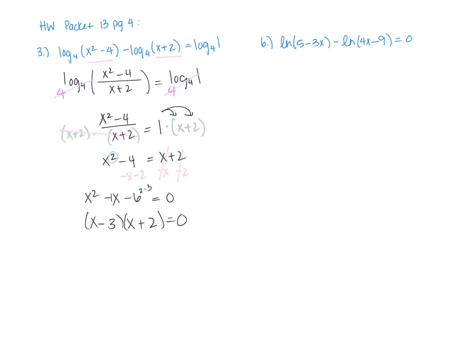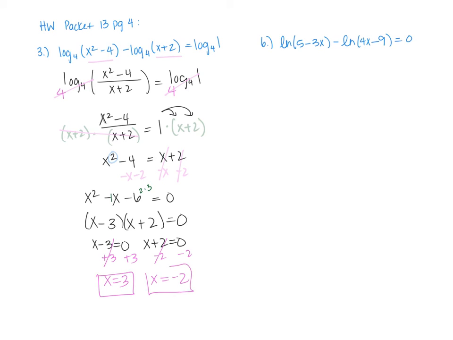So this works. And so now I'm going to set each factor equal to 0. So x equals 3 and x equals negative 2 as my answer here.